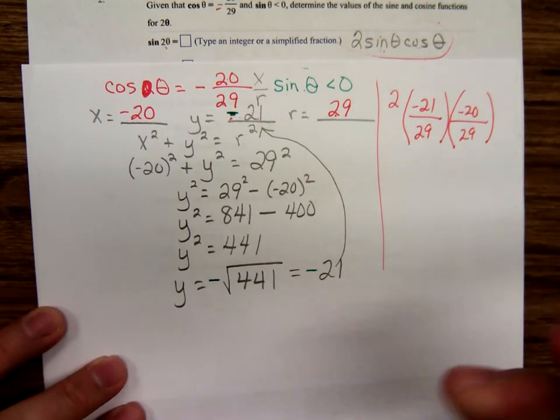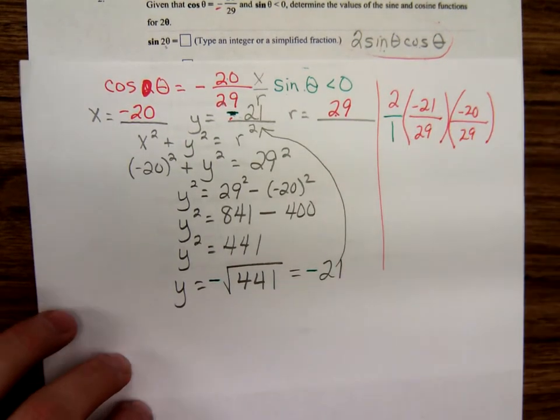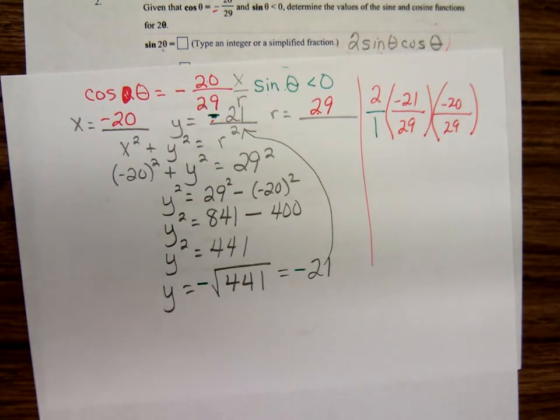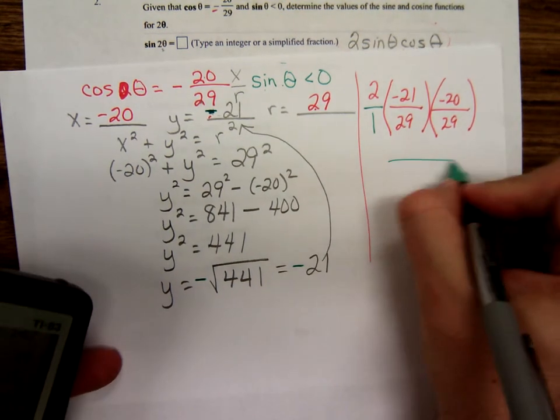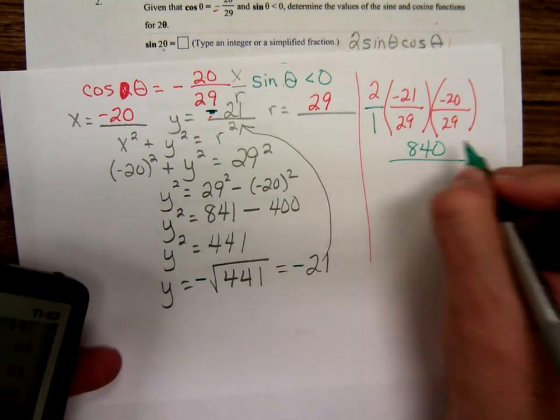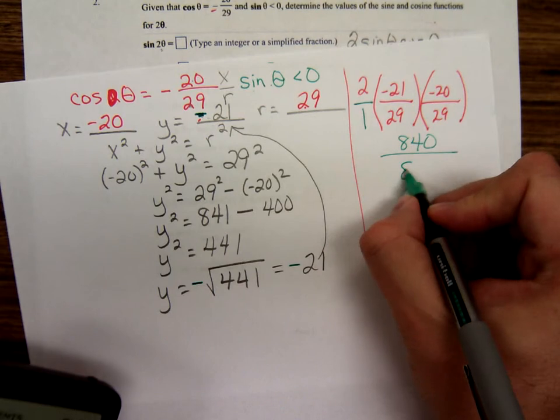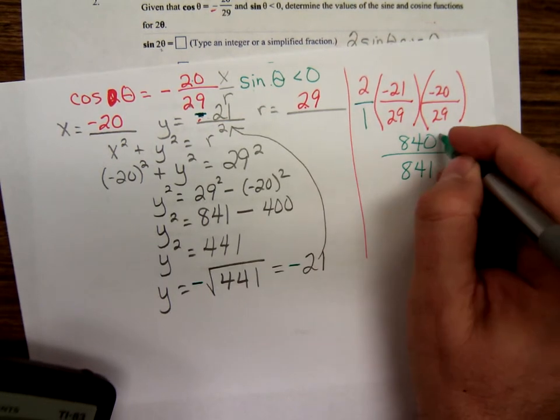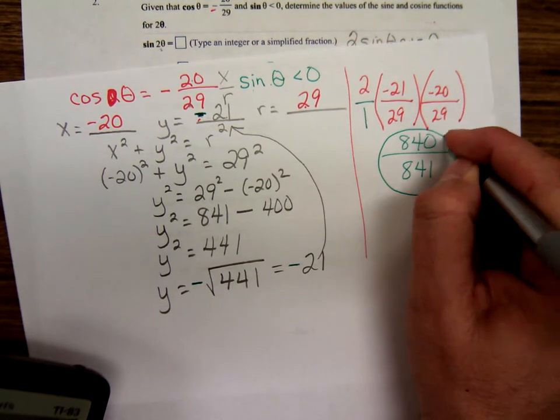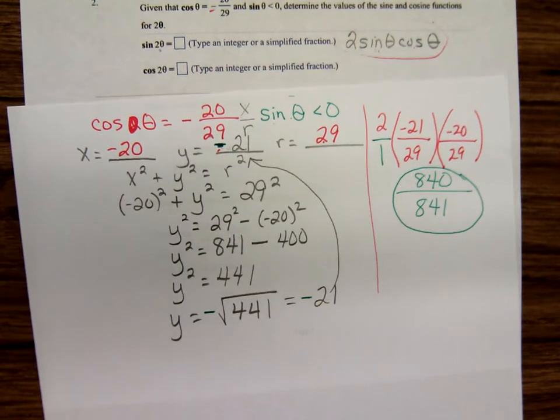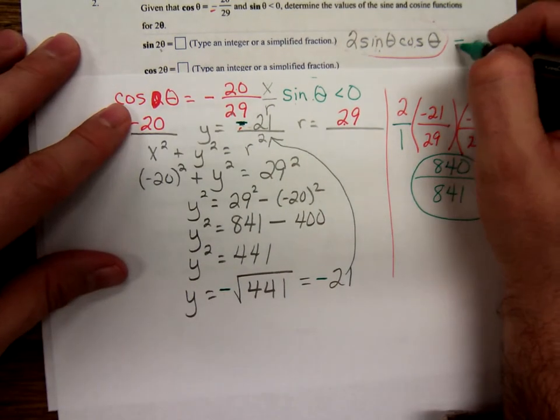And that 2 you might think of as 2 over 1. So just multiplying straight across: 2 times 21 times 20, that's 840 on top, and 29 squared, 841. So 840 over 841.